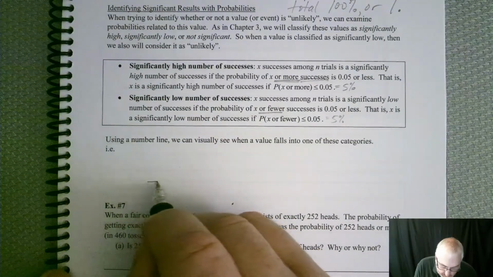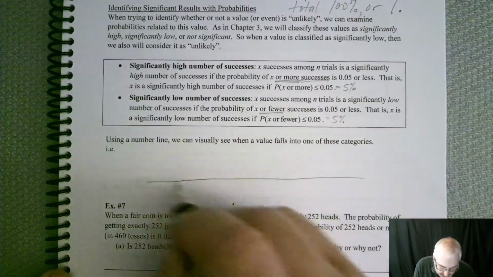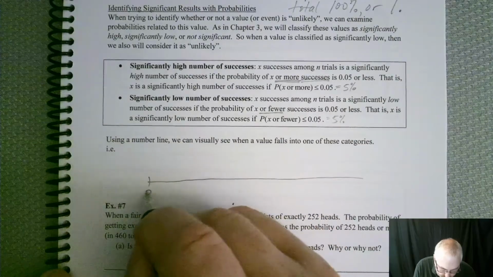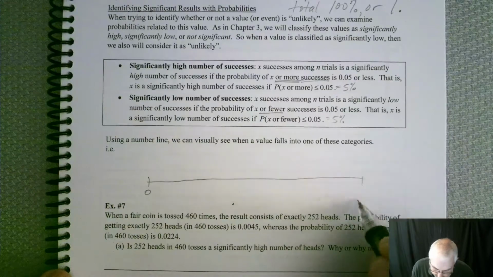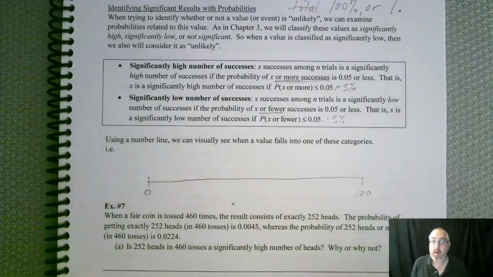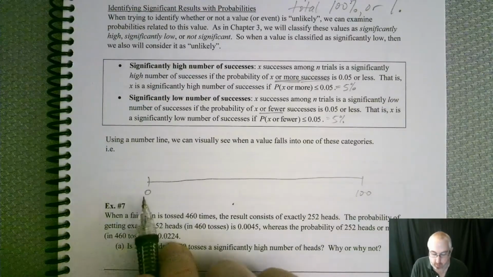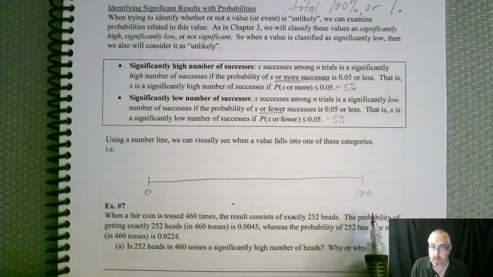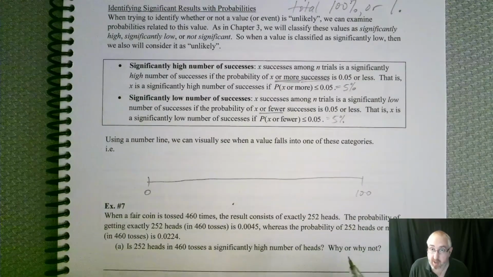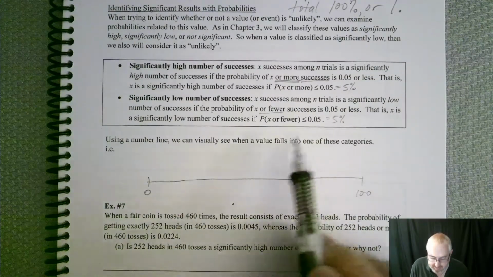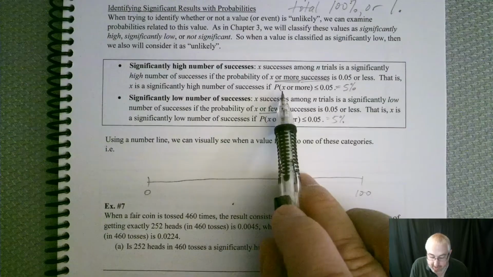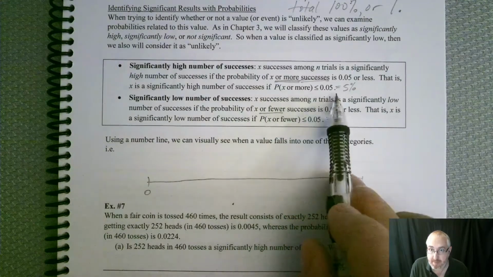So let me draw my picture here. I'm going to use a number line, and I'm going to start it at 0, and I'm going to go all the way to 100. So there's my percentages, my probabilities. And again, I'm using percentages just because it's a little bit easier to wrap your brain around versus decimals. So we've got 0% to 100%. Now, if we wanted to look at significantly high, it says that it's got to be that X or more is less than 5%.